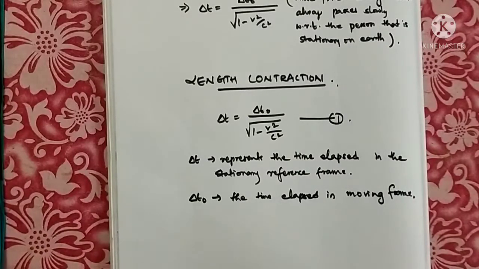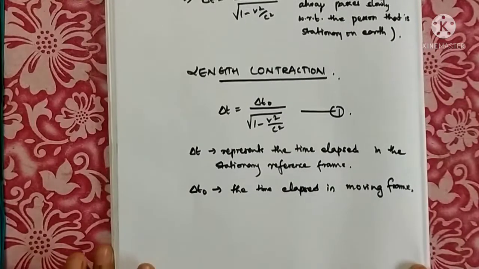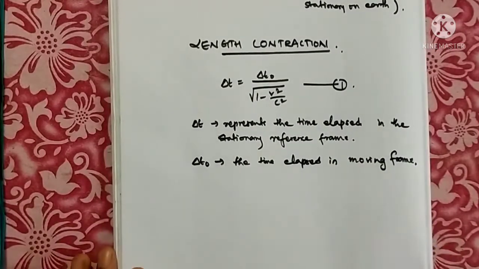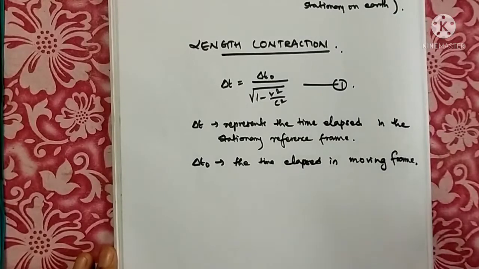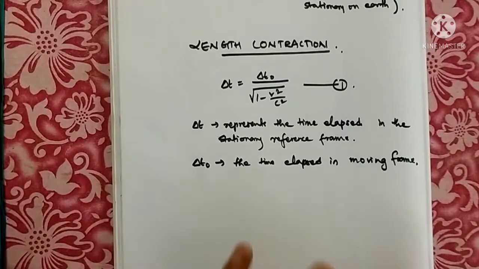We shall discuss the length contraction, which is that length and distance are also not the same in different reference frames. We shall discuss that with a thought experiment, that length and distance are also different in different reference frames.